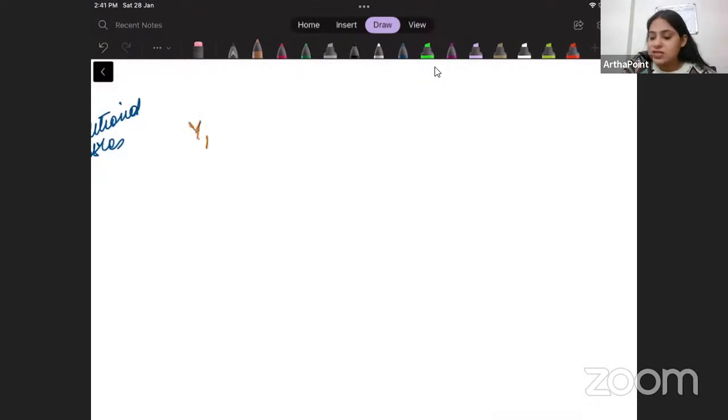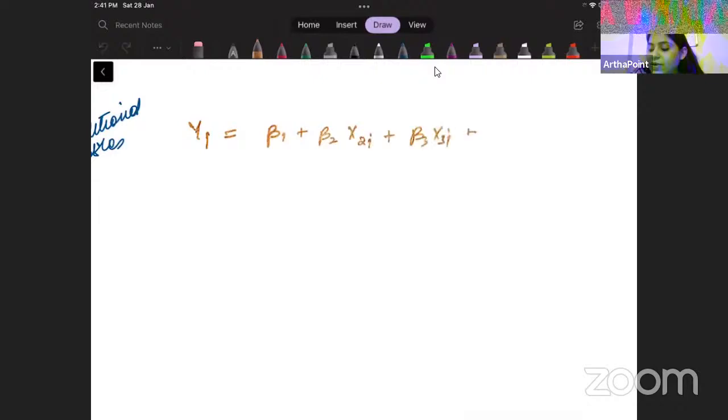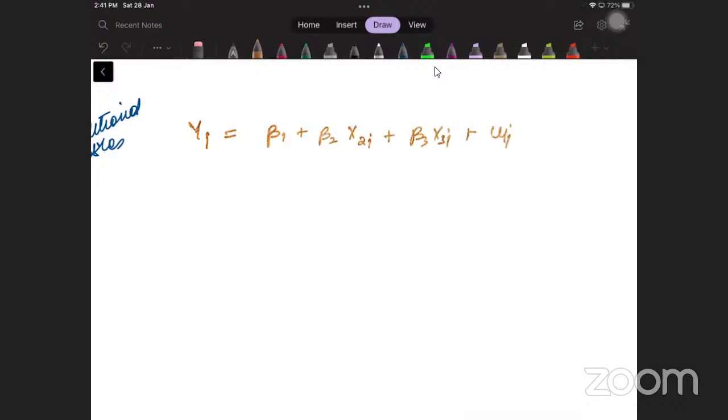Suppose I have yi equal to beta 1 plus beta 2 x2i plus beta 3 x3i plus ui. Suppose I add one more variable to this model, yi equal to beta 1 plus beta 2 x2i plus beta 3 x3i plus beta 4 x4i plus ui.